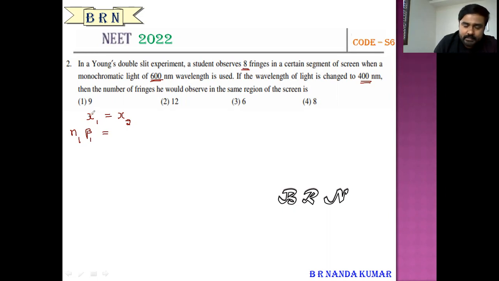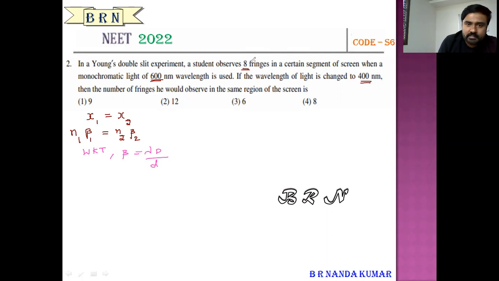Same region, x1 is whatever, x2 is the same, but here the number of fringes changes. I am choosing that as n2, and the fringe width also changes. So that is beta 2. We know that beta is nothing but lambda capital D divided by small d. We know the formula, so we have to apply it here.